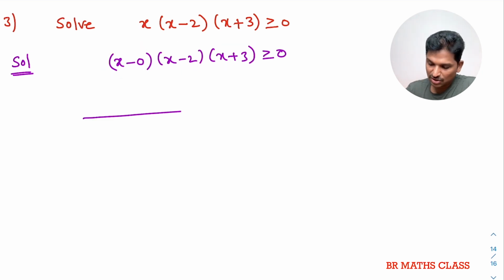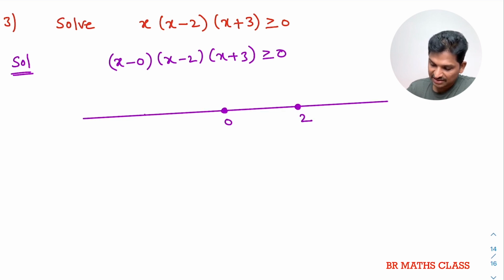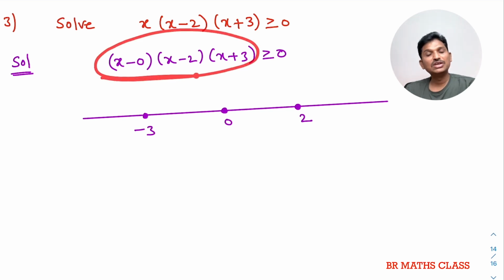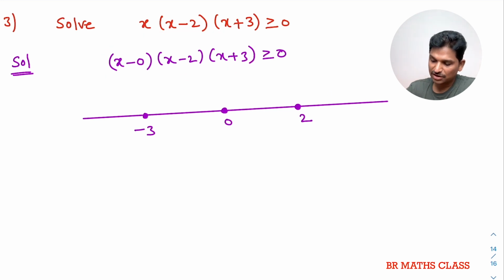What I'll do, I'll mark these on the number line. First one is 0, I'll put it here somewhere. x equal to 2 you will get here, and x equal to minus 3. As per number line order you need to mark them, 0, 2 and minus 3 are marked like this. Now the wavy curve method says that in the rightmost corner you keep plus and then alternate symbols.